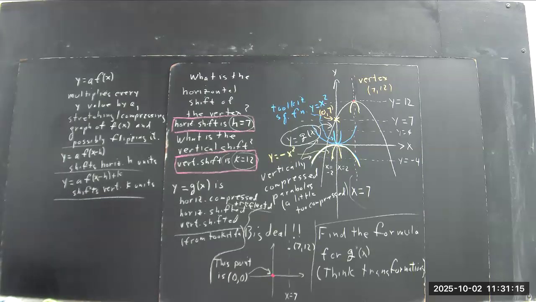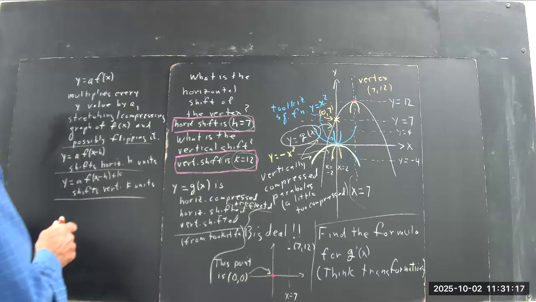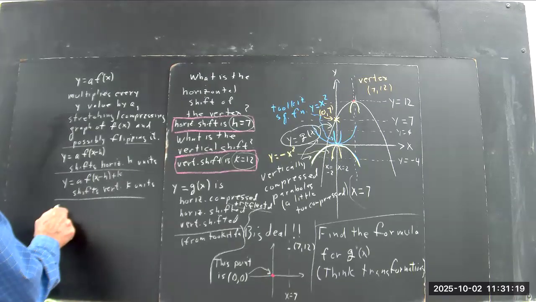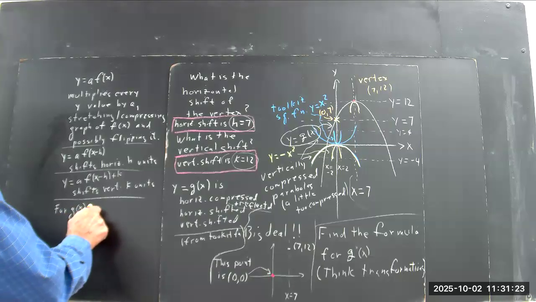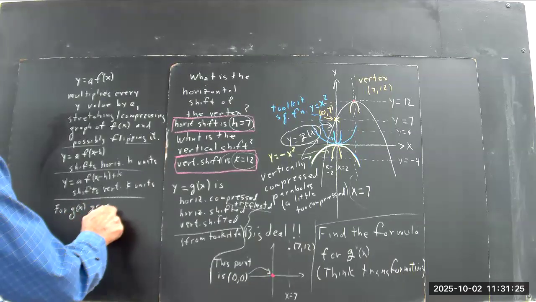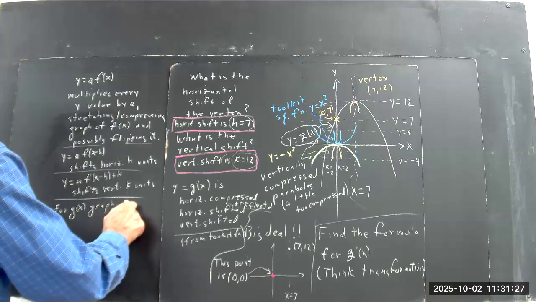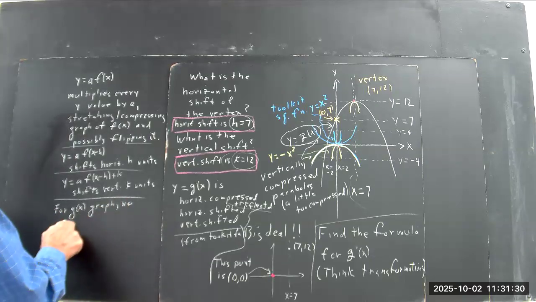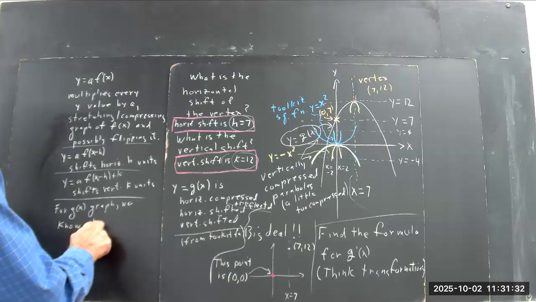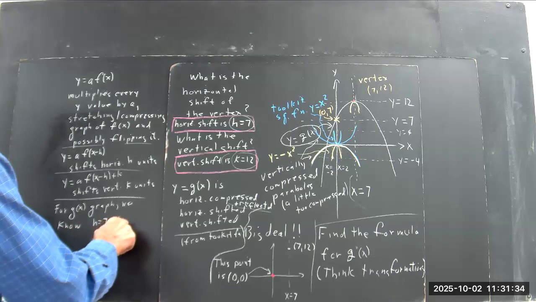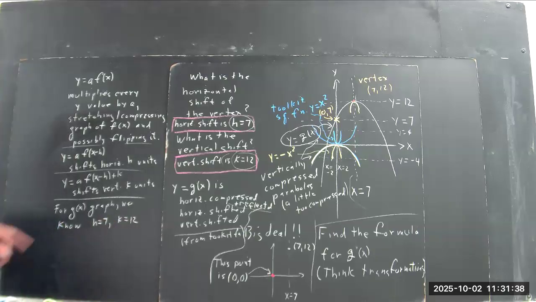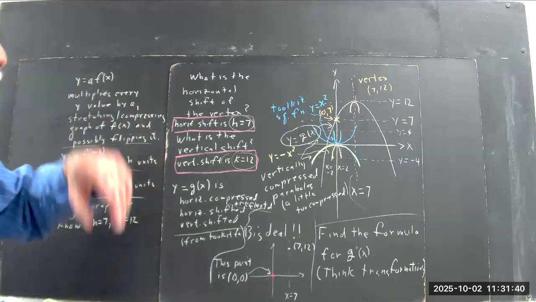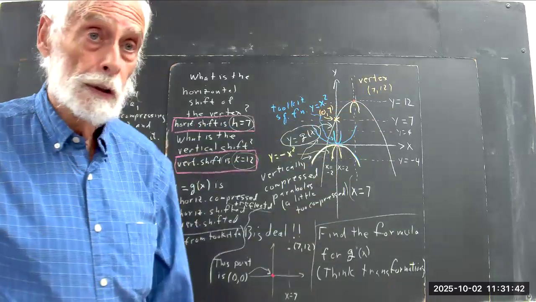Now, what do we know about this graph? We know that h is 7 and k is 12. In order to get h and k, all we need to do is look at the vertex.